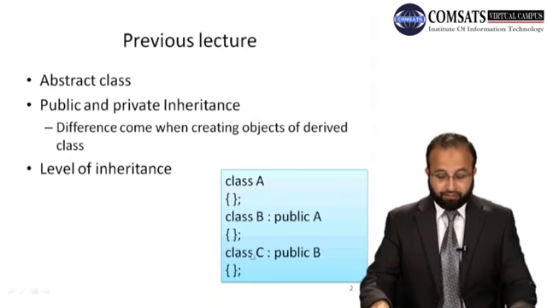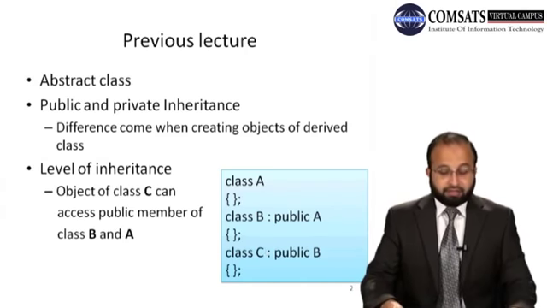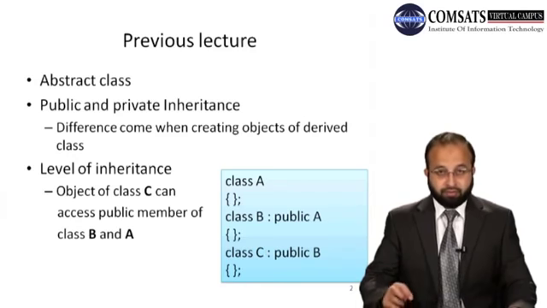Here class B is the direct base class of class C, A is the direct base class of class B, and class A is the indirect base class of class C. So an object of class C can access public members of class A and B because the type of inheritance is public.